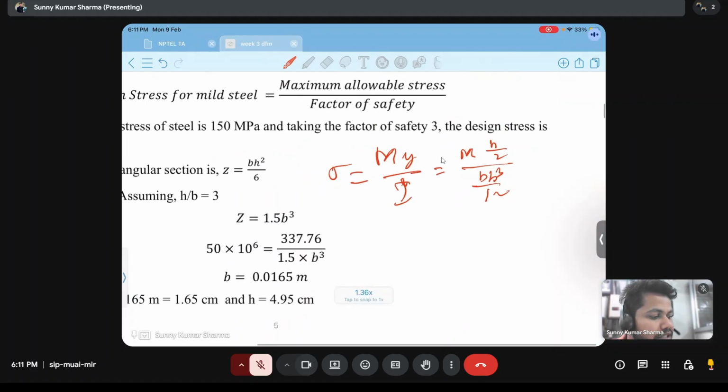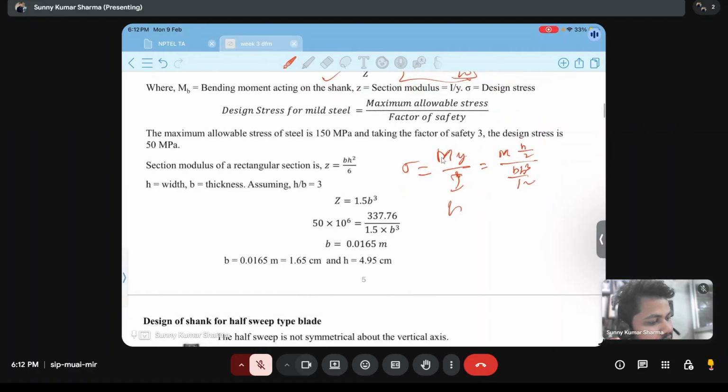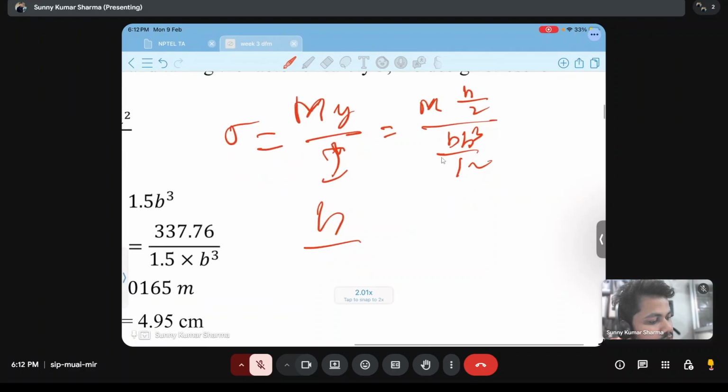For design of rectangular section, we take b is to h, where h is the larger dimension, so h by b we take as 3 is to 1. So we will put the value of h as 3b.